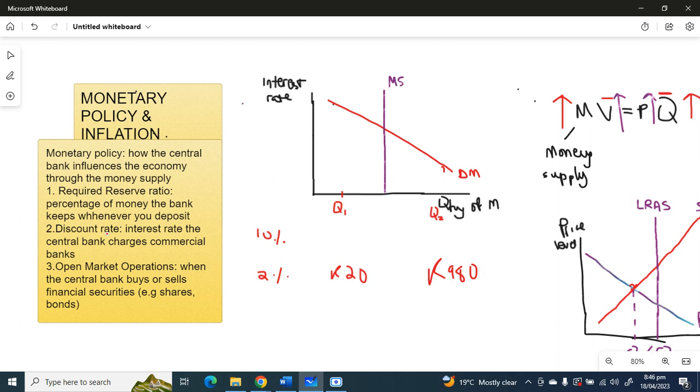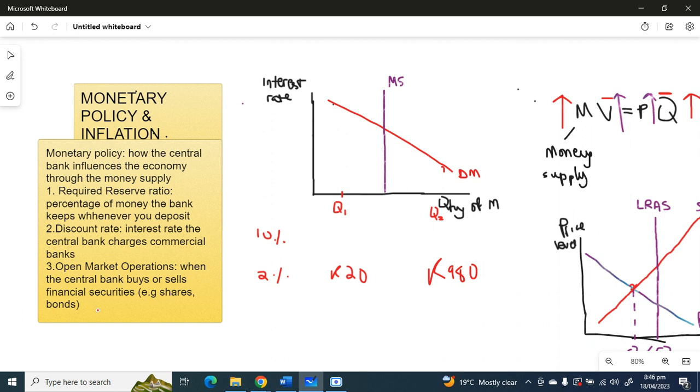The third thing that can happen, the central bank can buy financial securities. With expansionary monetary policy, the central bank is buying these financial securities. They buy these securities and they're pumping money into circulation through the commercial banks.